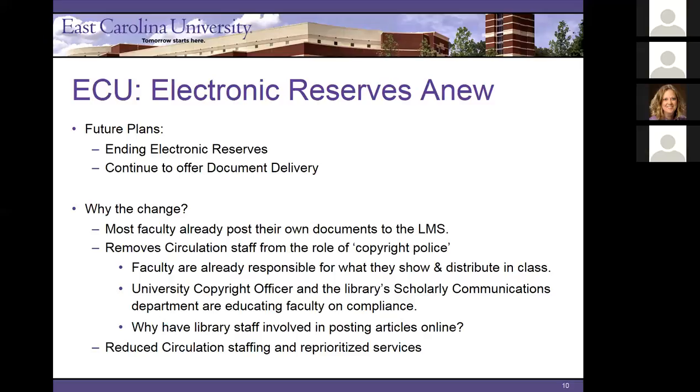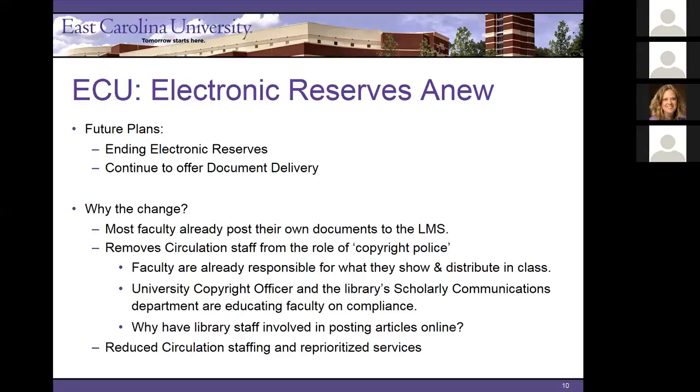So the university copyright officer and the library's scholarly communications department are doing a lot on campus about how to comply. And so we feel that it makes sense to do this change now. And we're not cutting faculty off from our collections.